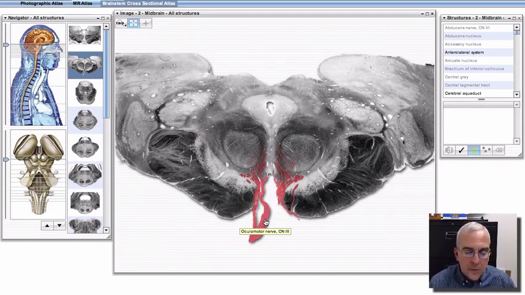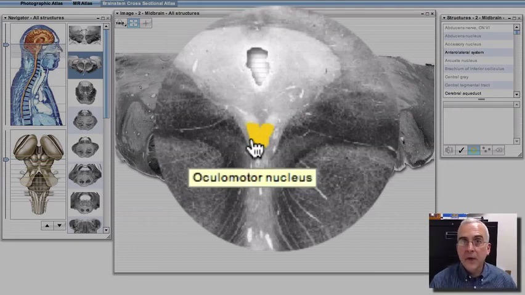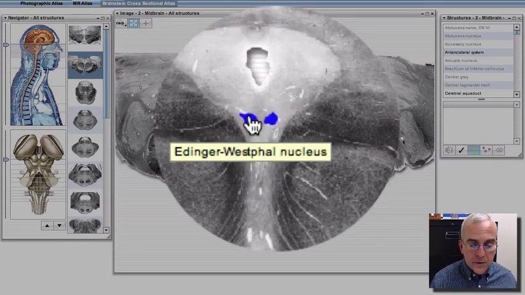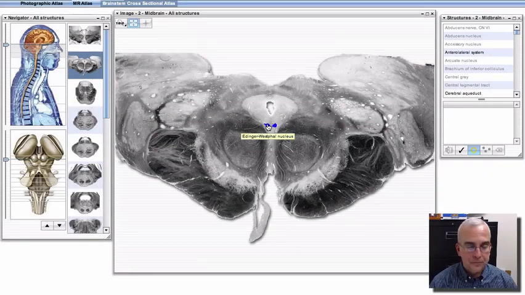So here's the oculomotor nerve, and we can follow its roots back towards a somatic motor nucleus along the dorsal midline and a visceral motor nucleus that we should expect to find sitting very near it. And indeed, if we follow these axons back, we have the oculomotor nuclei, which are the somatic motor nucleus of the third nerve, and then just superior to the oculomotor nucleus is our Edinger-Westphal nucleus, the source of the parasympathetic outflow through the third cranial nerve.